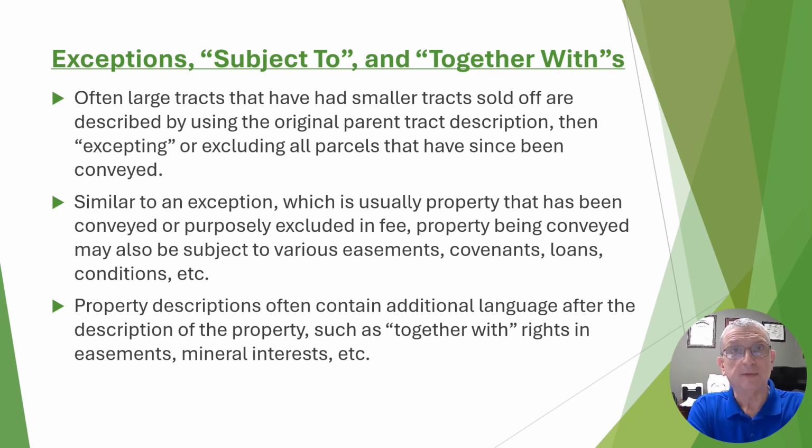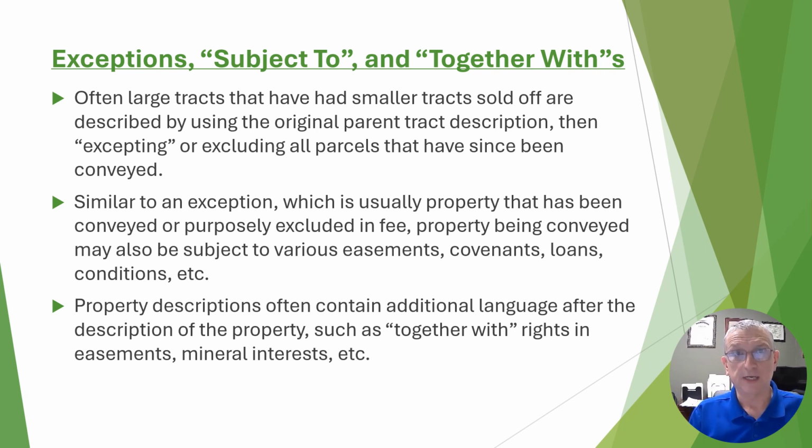Now in your mind, you may be thinking, how in the world do you sell it, if it started out as 100 acres and there's been 5 pieces sold off, without a survey? Just think about what is conclusive and non-ambiguous. They're usually sold by the original description of the grantee before anything was sold off. And then it'll say, less and except property sold in deed book such and such, in deed book such and such, in deed book such and such.